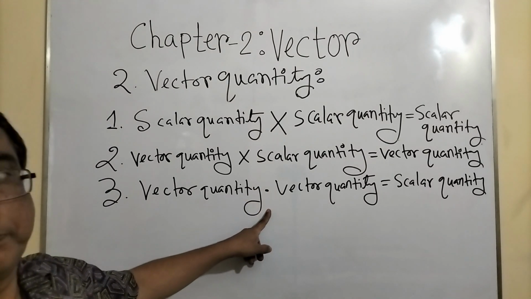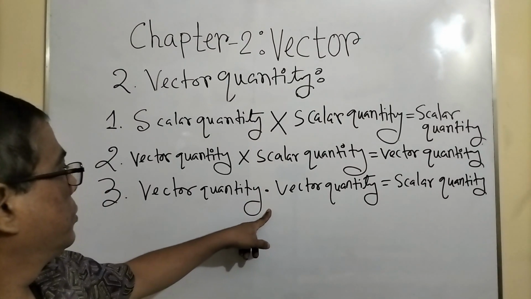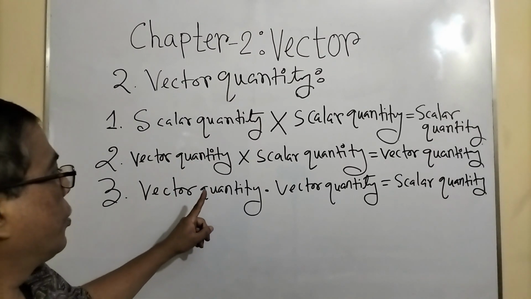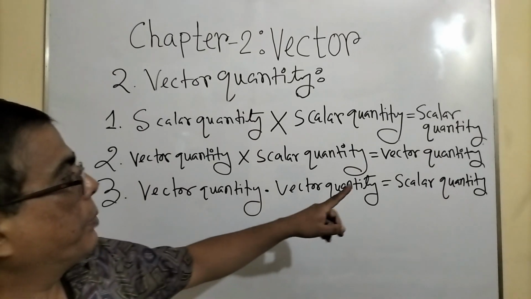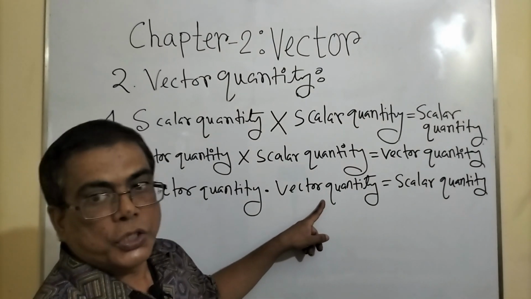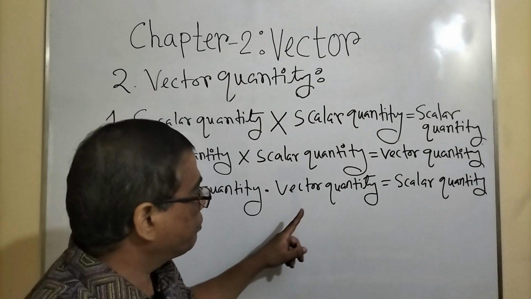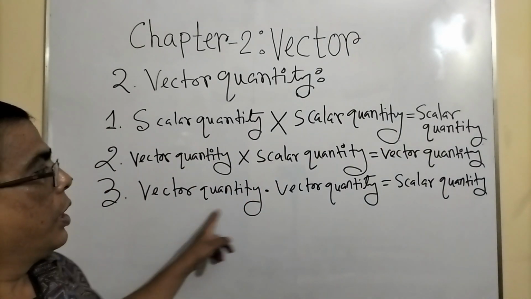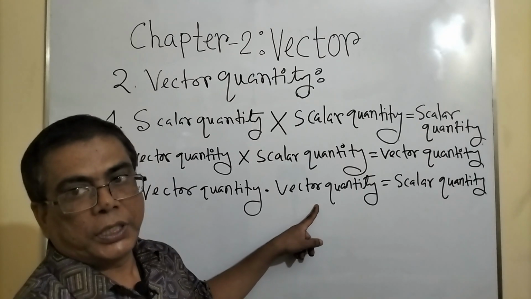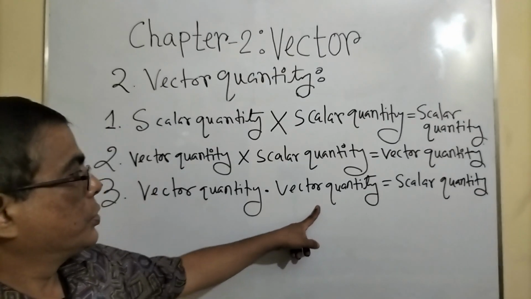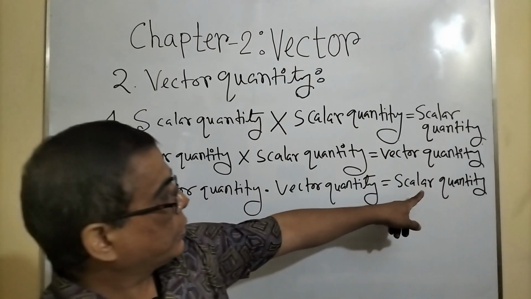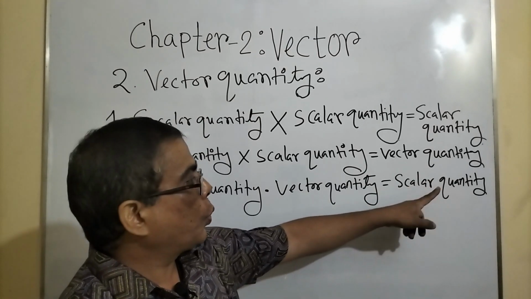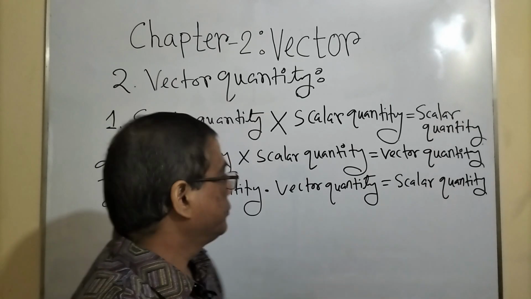In the dot multiplication, the vector quantity has only magnitude. That is, in the dot multiplication, the magnitude of a vector quantity and the magnitude of a vector quantity is multiplied. That's why the product will be a magnitude. So it's a scalar quantity.